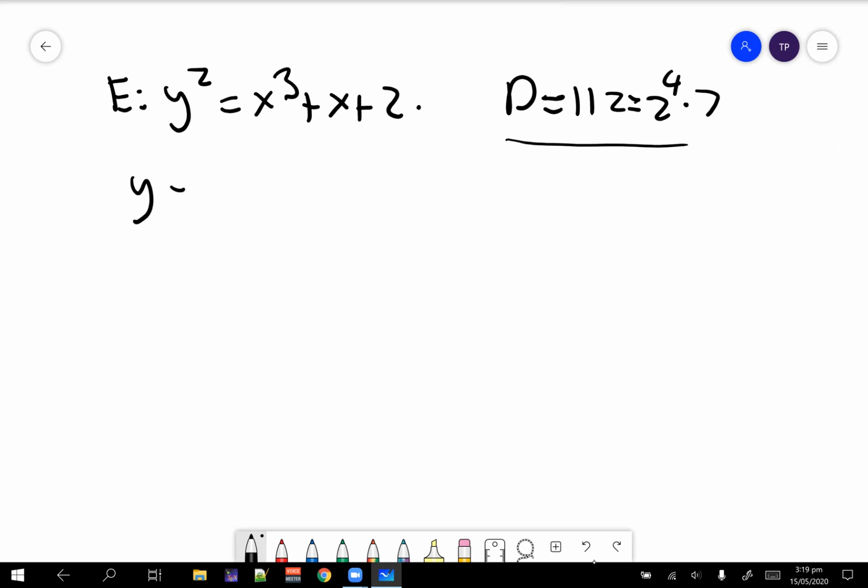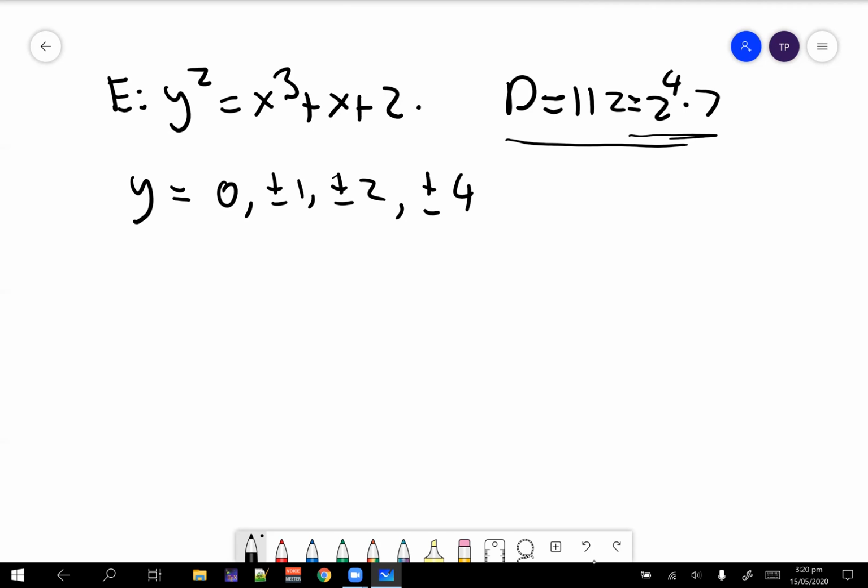So y has to be either 0 or a square dividing this. So obviously 1 is in there, and it can also be 2, since 4 divides 112, and 16 also divides 112. So y could also be plus or minus 4. So here we have 7 cases to check.